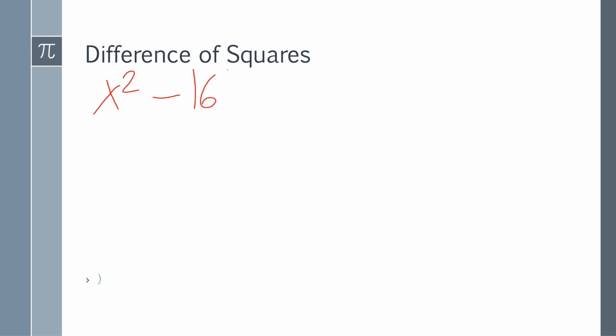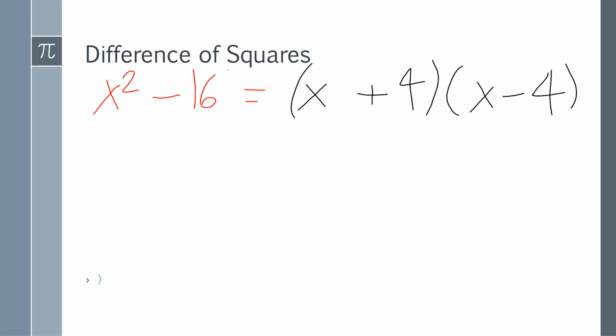So you're going to write this as x plus 4 with the parentheses and x minus 4, because when you foil this out, you're going to get x squared plus 4x minus 4x minus 16, and those cancel out, leaving you with x squared minus 16. So that was easy.